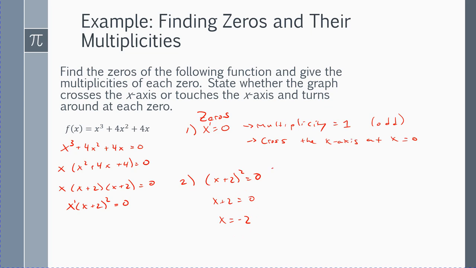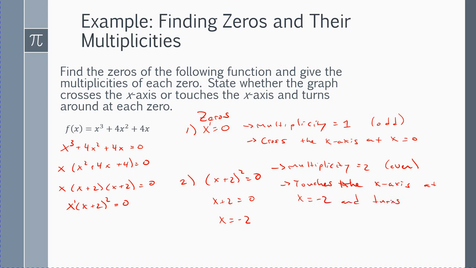The exponent was a squared term, so that's even. So what does that mean? It touches the x-axis at x is equal to negative 2, and it turns.